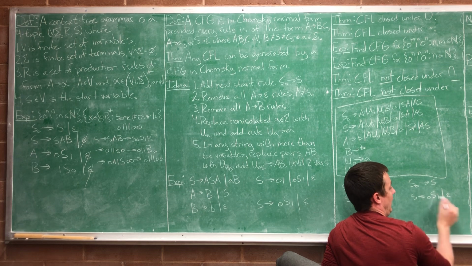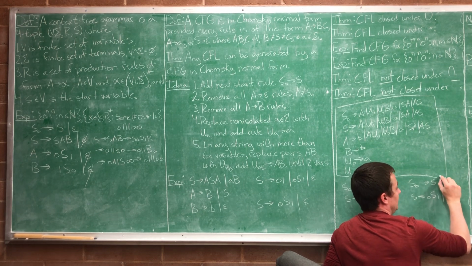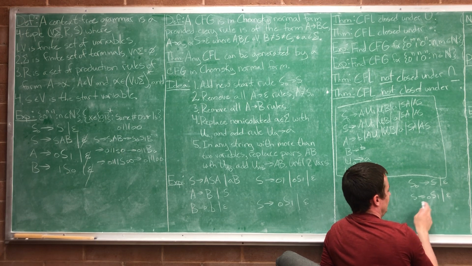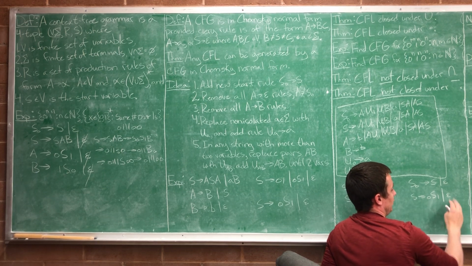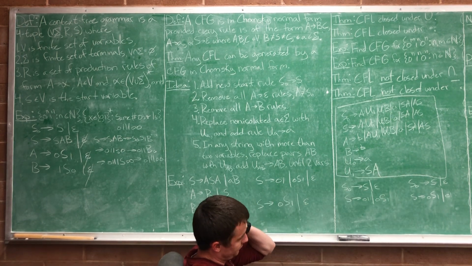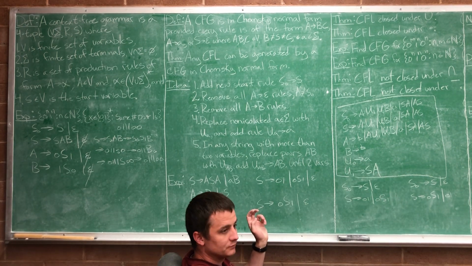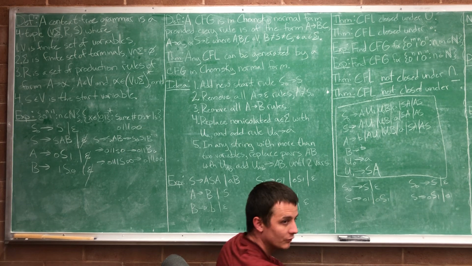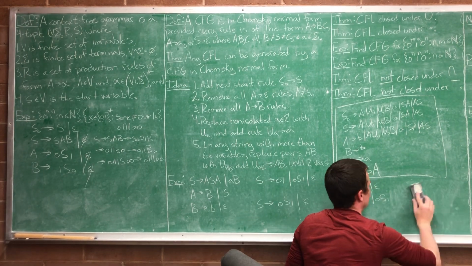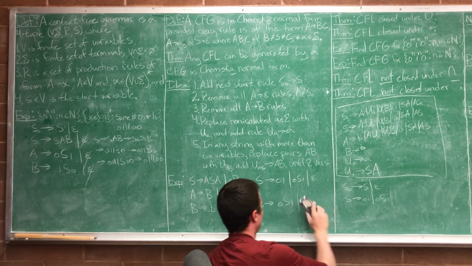S naught went to S, went to the empty string, so we need to add the empty string here. Or we can have S goes to 0, S1, where that goes to the empty string, and so we need a 0, 1 here, and so it ends up coming back. Oh, okay. Right? So either way we think about it, doesn't matter. We'll just continue with this one using our initial one.